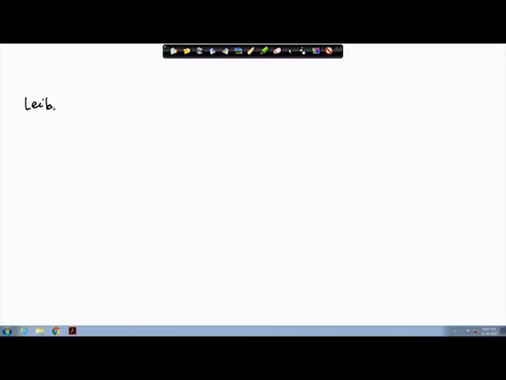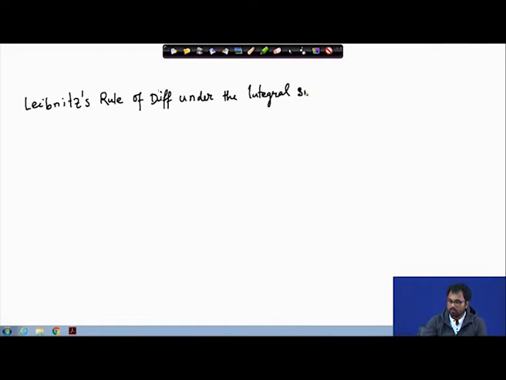The theorem is called Leibniz rule of differentiation under the integral sign.